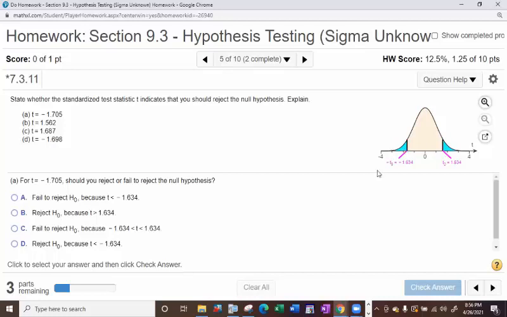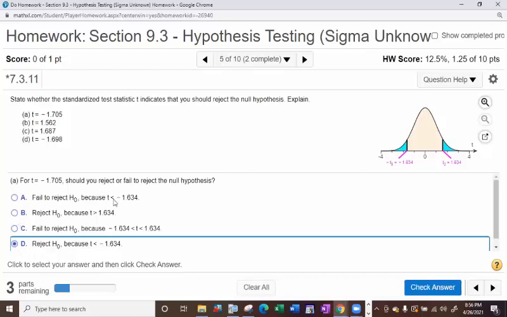Another way to look at it is, would positive 1.705 be in the right side shading? And it would. But technically, to answer it correctly, it would be D, not B. Even though I just changed it to make it look like B, the right way is to say it as D. But you can use that symmetry logic.